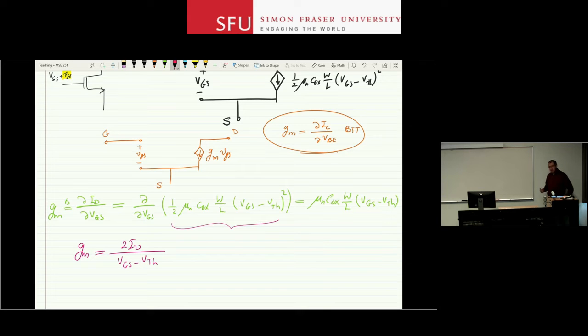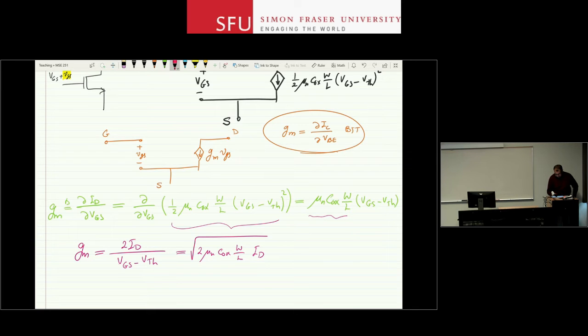So if you don't want to use the transistor parameters, the technology parameters here, if you know ID and VGS minus VTH, you can directly calculate that ratio to give you gm. You can show that it is the same thing. Or you can just multiply this by mu n C oxide, and you can see that this is 2 mu n C oxide W over L times ID.